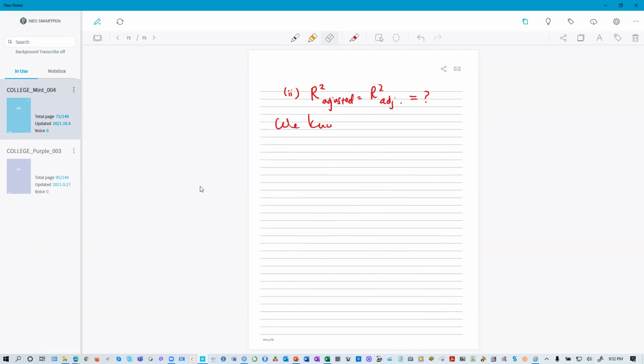We know that R squared is nothing but sum of squares regression divided by sum of squares total. But we know that sum of squares regression we can write as sum of squares total minus sum of squares error. If you subtract the error from the SST, that's the same as this one, because we know the relationship: SST equals SSR plus SSE.